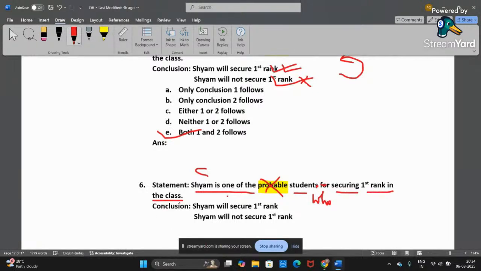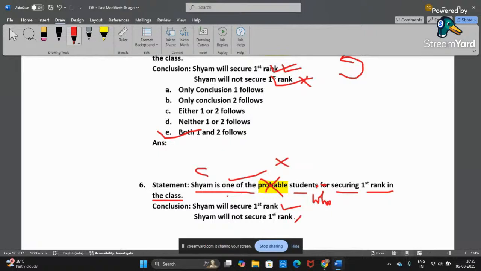In this statement, they're telling that Sham is the one who is going to secure first rank. In that case, only the first conclusion is going to be satisfied, because it gives the conclusion that Sham will secure first rank. The second one will not, because in the statement they did not mention anywhere that he cannot secure first rank.